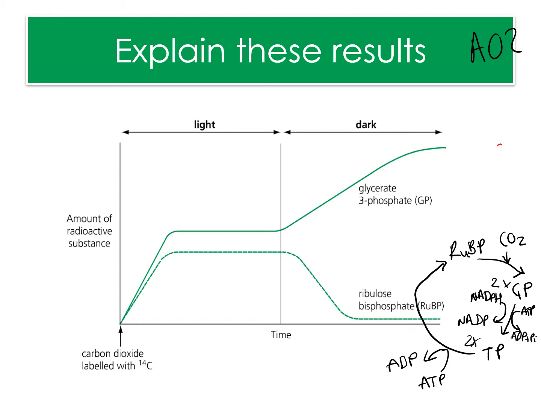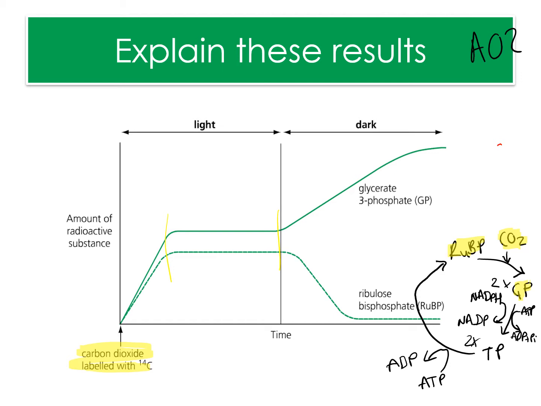Okay, so let's describe our trends first. In the light, at first, there is a time delay as the radioactive carbon dioxide is added before all of the GP and the RuBP become radioactive. But once they do, the trend is that the relative amounts remain the same.